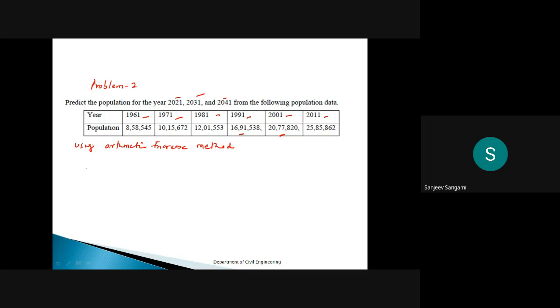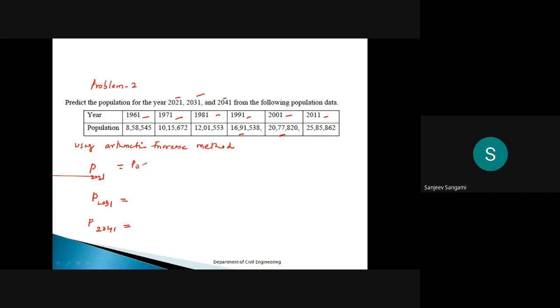So we have to use our regular formula. What he has asked is P at 2021, then P at 2031, then P at 2041. How can this be calculated?